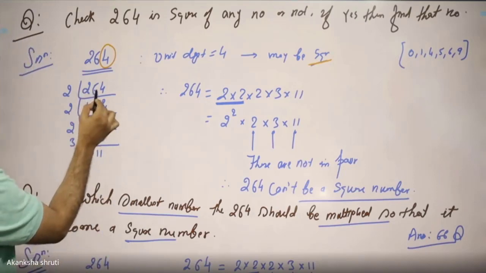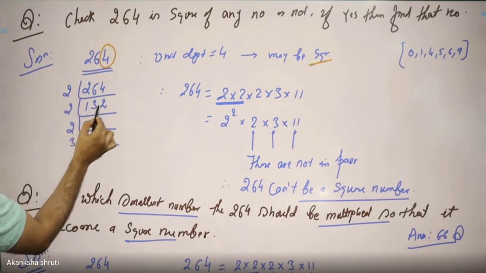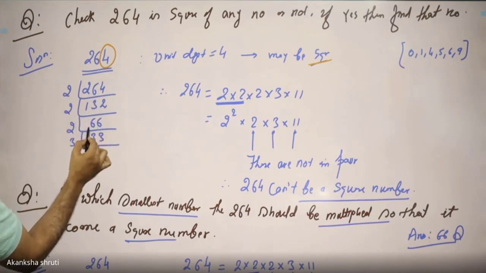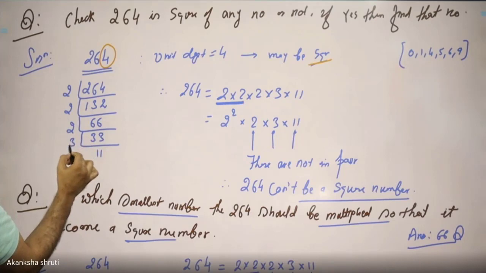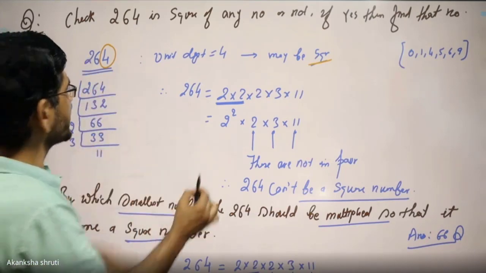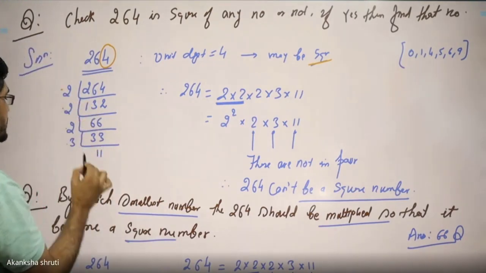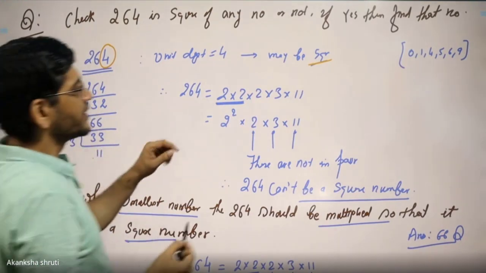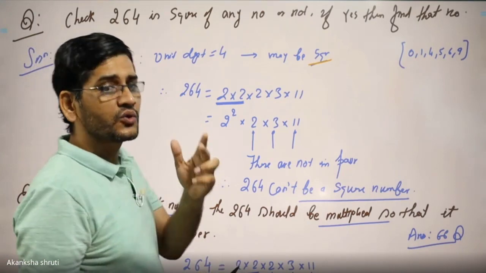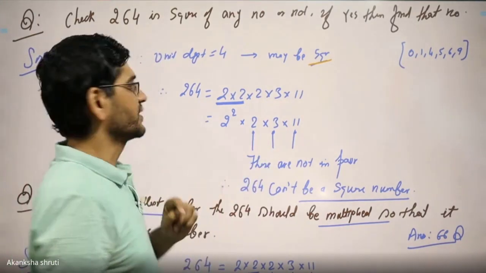Students, taking 264, it is divisible by 2, quotient 132, further divisible by 2, quotient 66, further divisible by 2, quotient 33. 33 is divisible by 3, quotient 11. This way, 264 can be written as 2 into 2 into 2 into 3 into 11. Now we have to make groups of 2 of the same number.